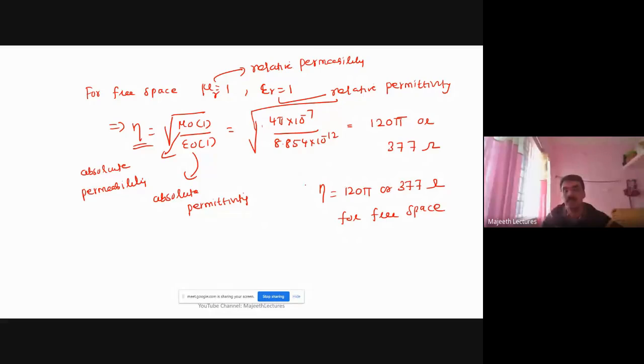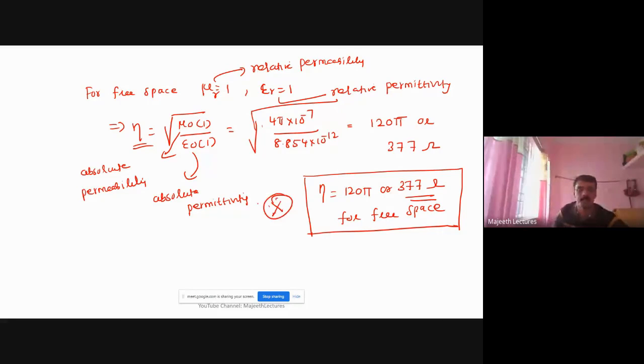So when a wave travels through free space, what happens? It encounters an impedance of 377 ohm. That is the meaning. For other medium, there is one more definition. Intrinsic impedance eta is equal to root of j omega mu divided by j omega epsilon plus sigma.